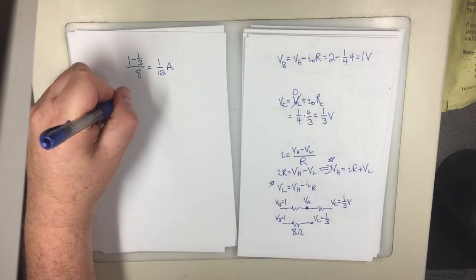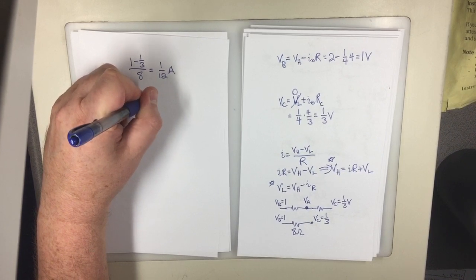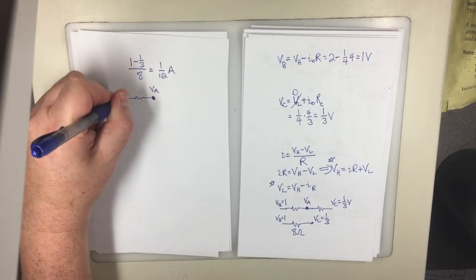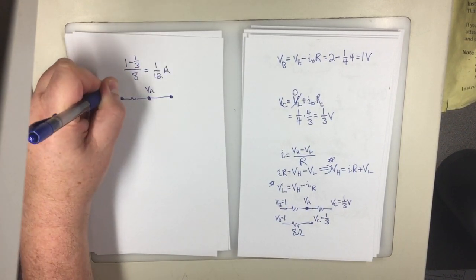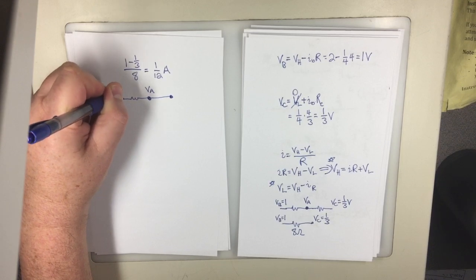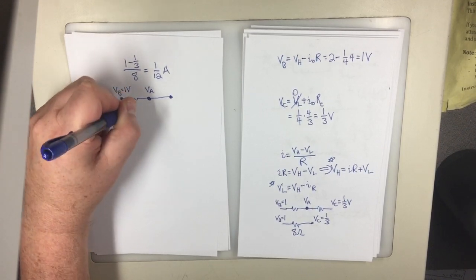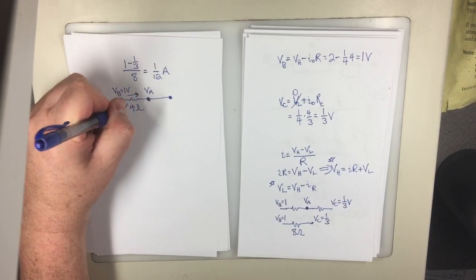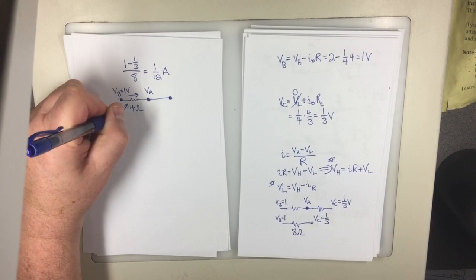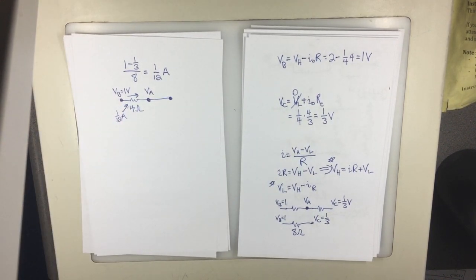Now that I know the current flowing through, I know the high of 1 volt. I know the current going through it, 1/12 of an amp. I know the resistance 4.